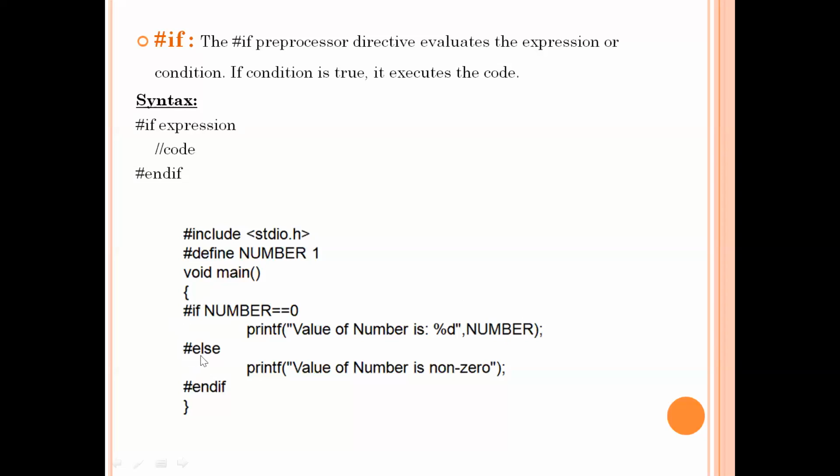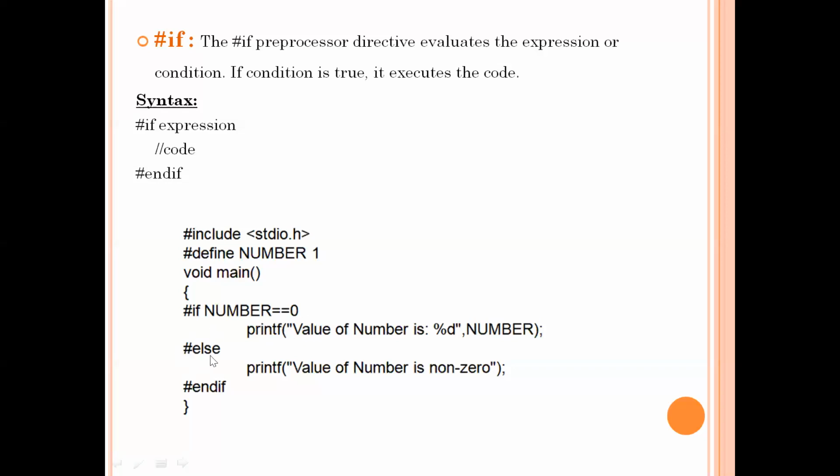Now see the next directive. Here I am writing the #else directive. We will discuss this #else directive in the next slide. This #else directive works in reverse to the #if directive. Your #if directive takes one expression, and if it evaluates to true, that if block will be executed.